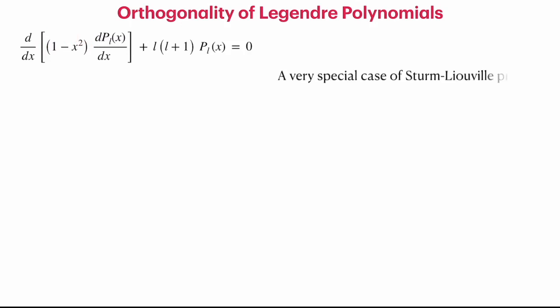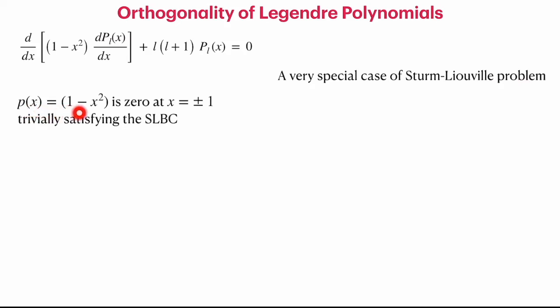Orthogonality of Legendre polynomials. We know that the Legendre polynomial can be easily expressed in terms of a Sturm-Liouville form, and that is the form with which we started from the separability of the Laplacian in spherical polar coordinates. In this case, p of x is 1 minus x square, and this becomes a very special case of a Sturm-Liouville boundary problem.